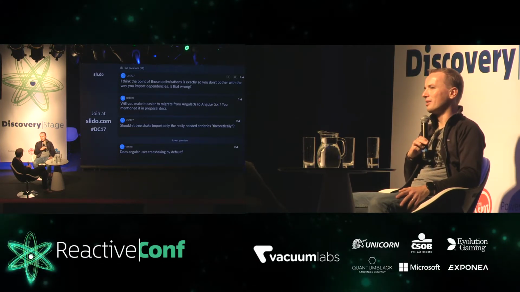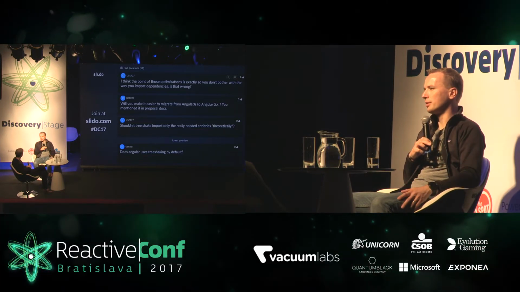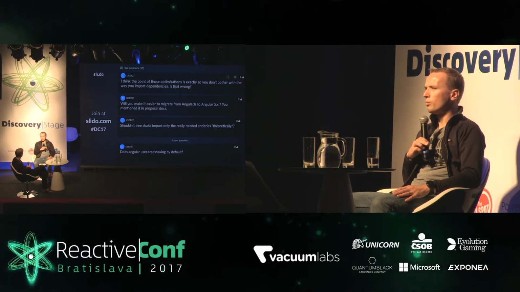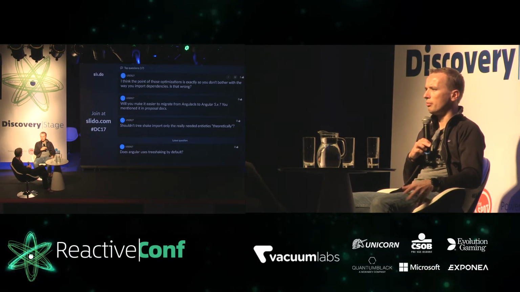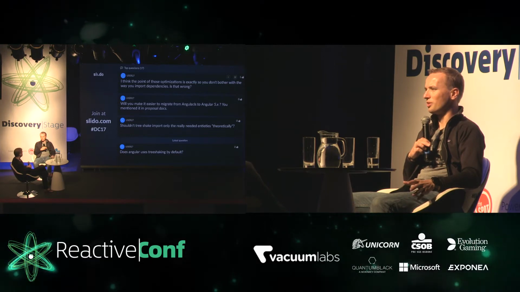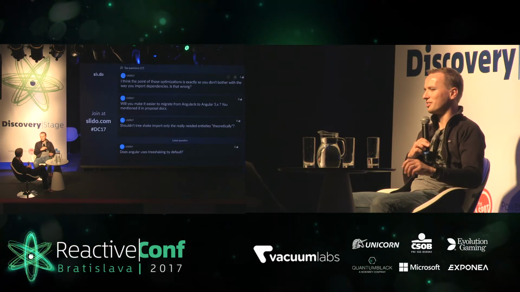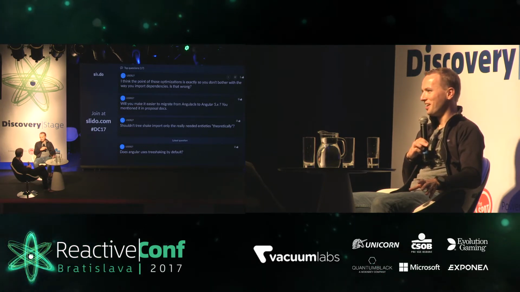So I think the more we work on these problems, we will build tools that help us visualize this in a better way. I think it's very similar to what we went through when analyzing memory leaks, because the way I'm starting to think about the payload size problem is that it's very similar to a memory leak issue, but instead of a runtime memory leak, it's a build time code leak.